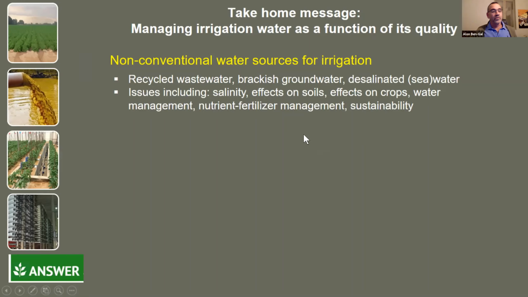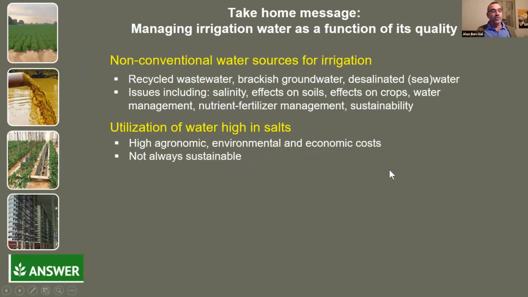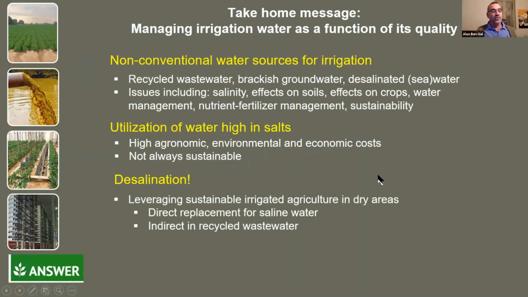The utilization of water high in salts comes with high agronomic, environmental and economic costs, and is particularly not sustainable. Desalination does seem to be a tool for leveraging sustainable irrigated agriculture in dry areas as a direct replacement for saline water, and more importantly, indirectly in recycled wastewater and improving its quality.